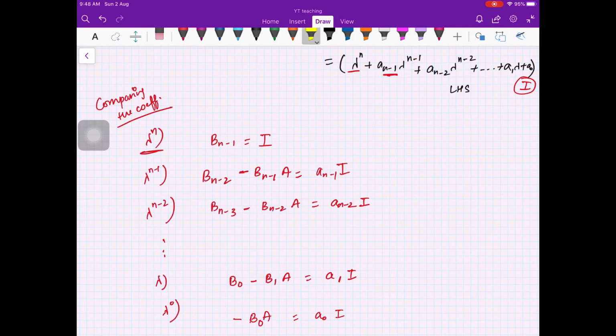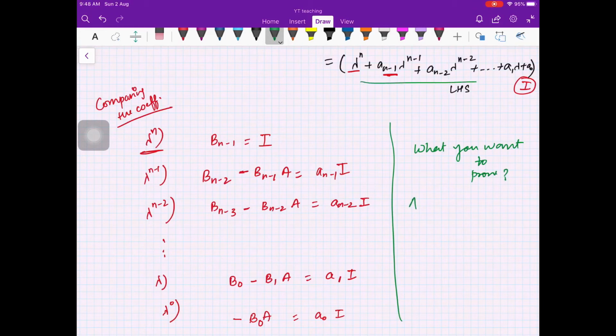Now you see what you want to prove. Bring into your mind what you want to prove. We want to prove that A satisfies this equation, that A raised to power n plus a_{n-1} A raised to power n minus 1 and so on, a1 A plus a naught I equal to 0. This is what you want to prove. So somehow can you get it?